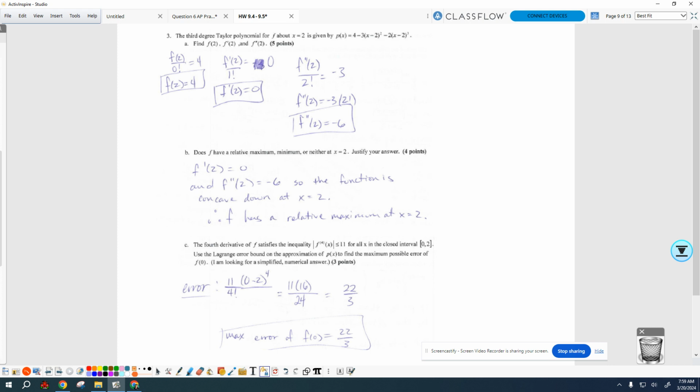And from the center down to 0, pick any number at all in this interval, what makes the biggest value the other endpoint? So 0 minus 2. It ended up to the 4th power, but even if this came out as a negative, error is always positive, and you say it's plus or minus this amount.